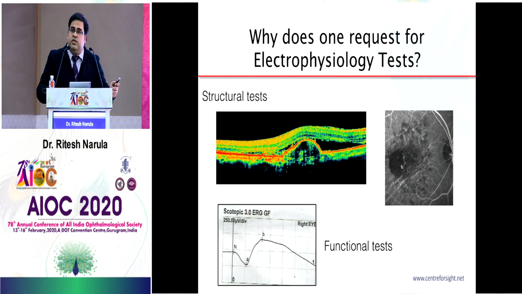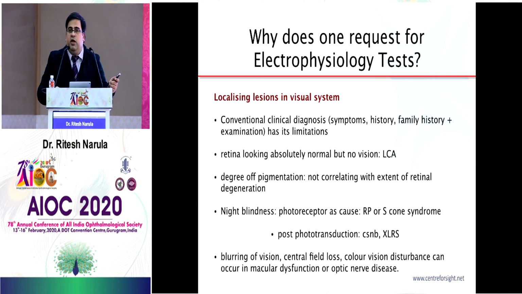Another thing, these tests do not pinpoint within the retinal layers where the problem lies, whether it is with the photoreceptors, the bipolars, the ganglions, which again is going to be helped out by electrophysiological tests. So where do we typically use electrophysiological tests? We generally use them when our clinical symptoms and findings are not matching with each other.